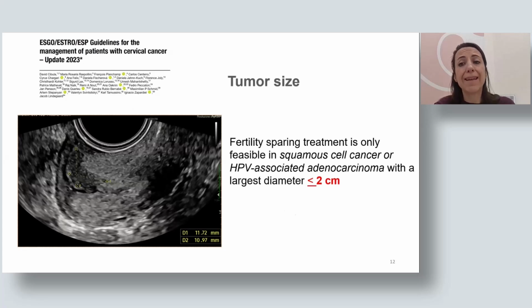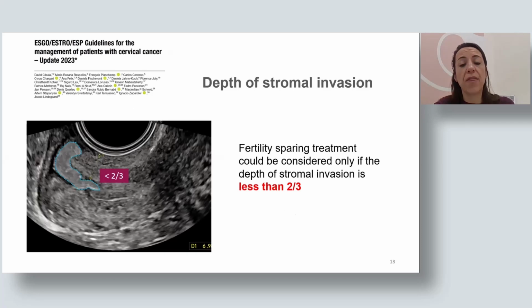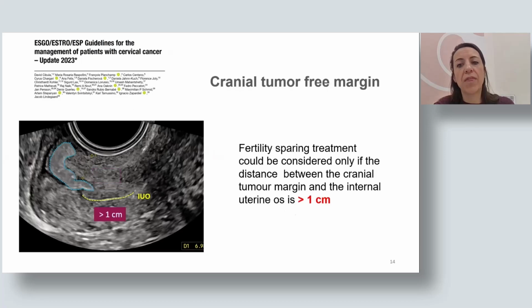Fertility-sparing treatment is possible when the lesion is equal to or less than 2 centimeters. It's possible when the depth of stromal invasion is less than 2/3, and also when the distance between the cranial tumor margin and the internal uterine os is more than 1 centimeter.